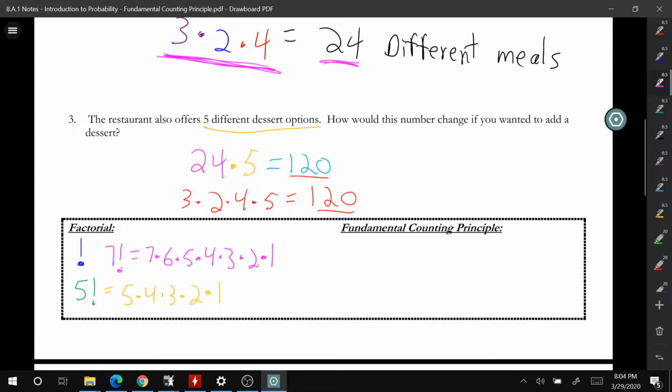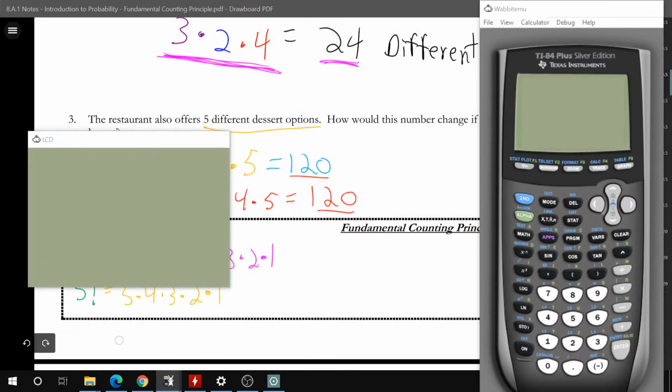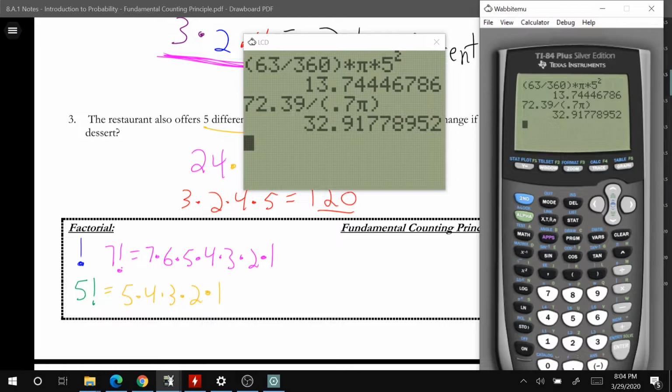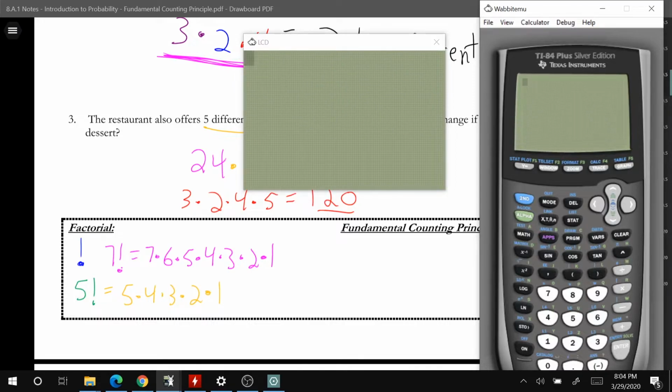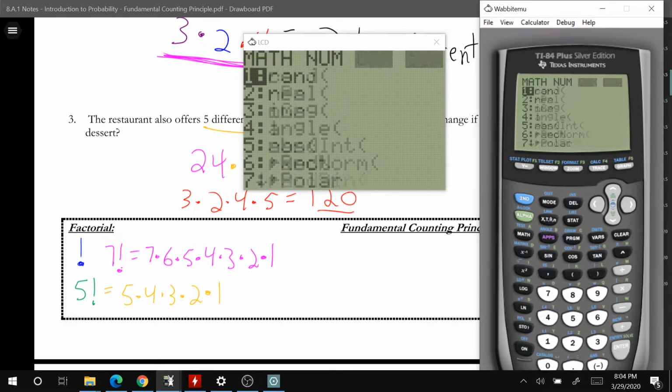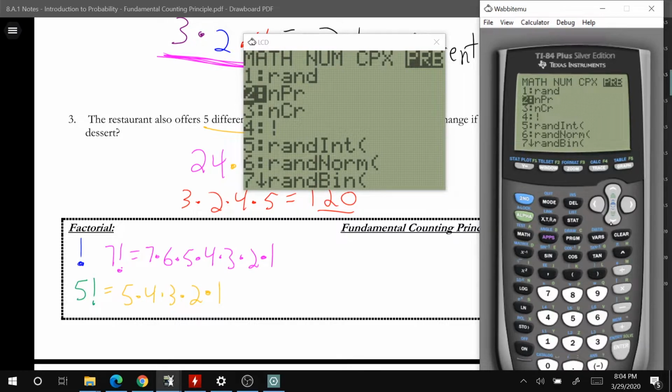Now, on the graphing calculators, there is a factorial button. So if you hit 7, and then you hit the math button, which is just under the alpha key, then you're going to press over all the way to where it says PRB, and you see the fourth one down is that exclamation point.